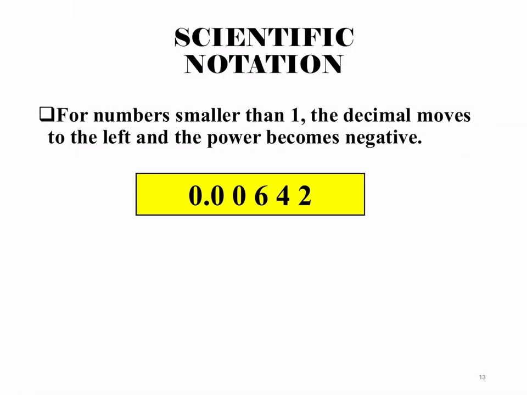Okay, what about for a small number? Well, now we're going to do the same thing. We're going to move the decimal place until we moved it to a spot that the integers that are left over are between 1 and 10. What's left over is going to be our coefficient. And then the number of spots that we move the decimal is going to be our exponent.